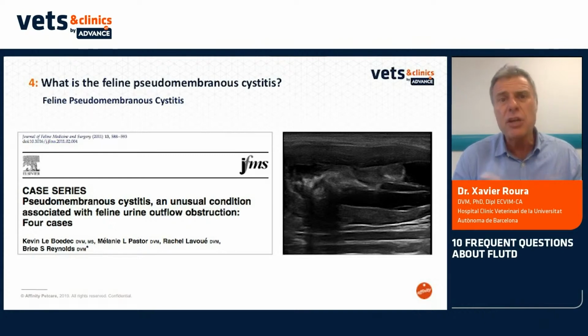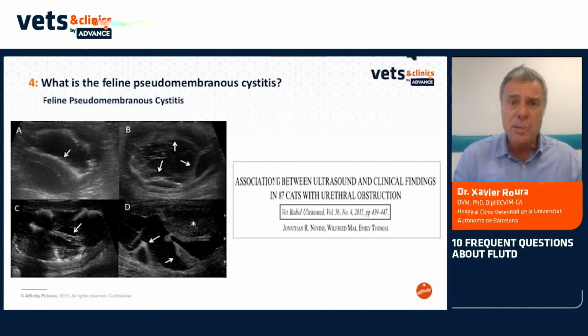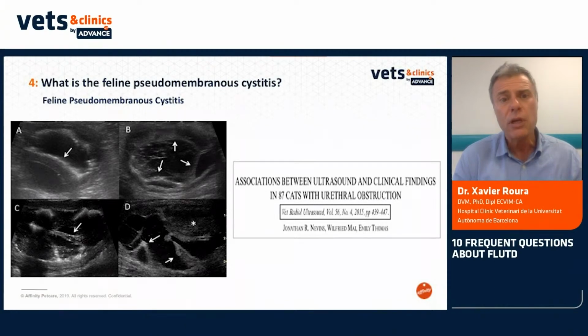For them, it is a new etiology, a new disease, and the name of the disease is feline pseudomembranous cystitis. This disease was also described 4 years later by another study in the UK, where inside a big group of cats they described 4 cats with an ultrasound description similar to that of the French colleagues.